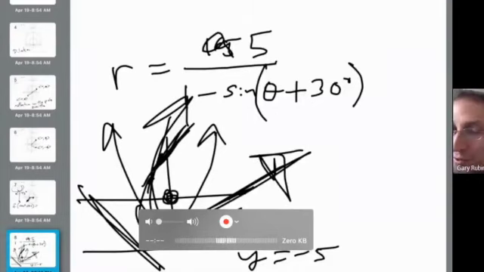So rotation, which is very difficult in rectangular, is actually very easy in polar. Translation, which is very easy in rectangular, is very hard in polar. There was a situation where we had something like this.